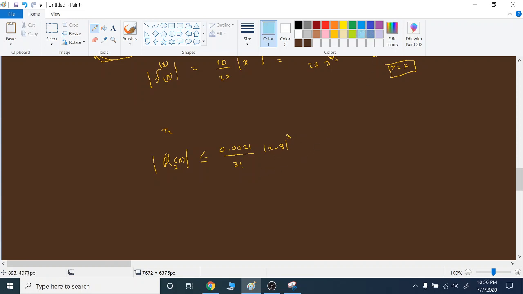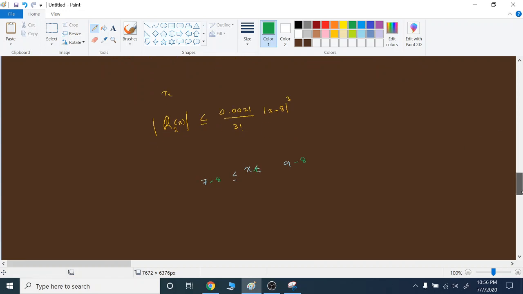And we also know that x is less than 9 and it is greater than 7, right? So if we subtract 8 from both sides, then you will get this inequality. Here you will get -1, here you will have x minus 8, and here you will have +1, right?